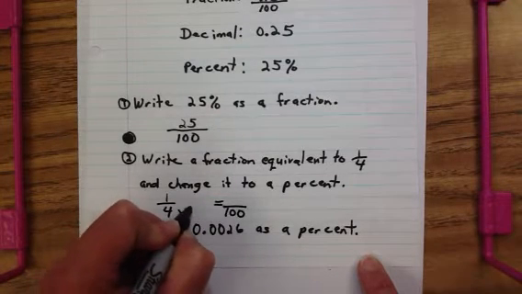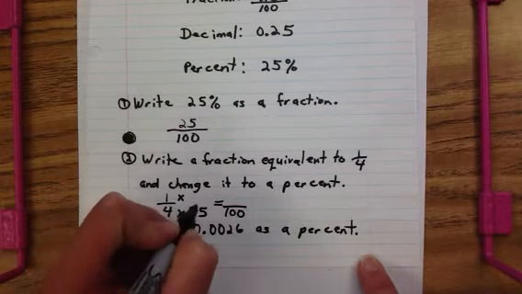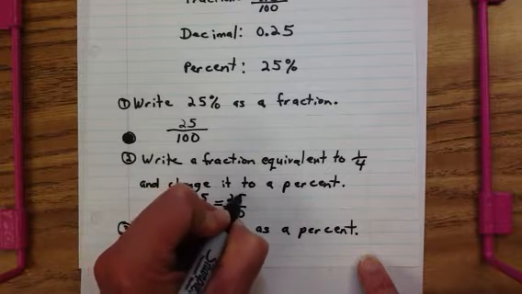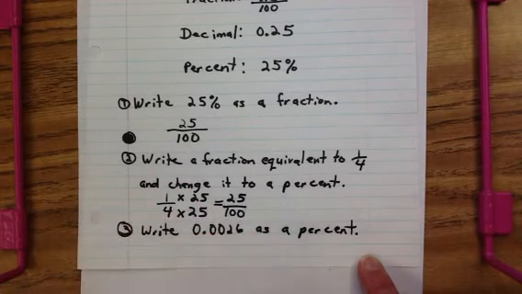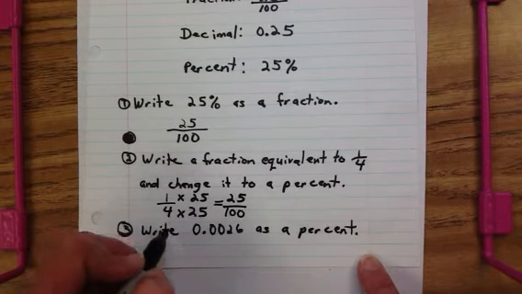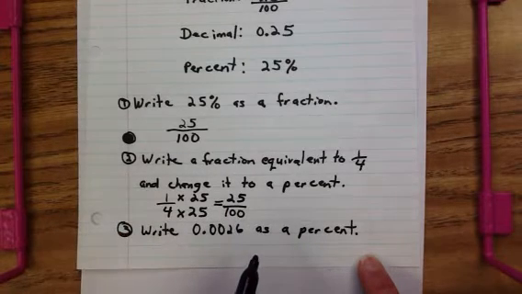And that would have to be 25. So then I would also multiply my numerator by 25. 1 times 25 would be 25. 4 times 25 is 100. So 1/4 represented as an equivalent fraction would be 25 over 100.